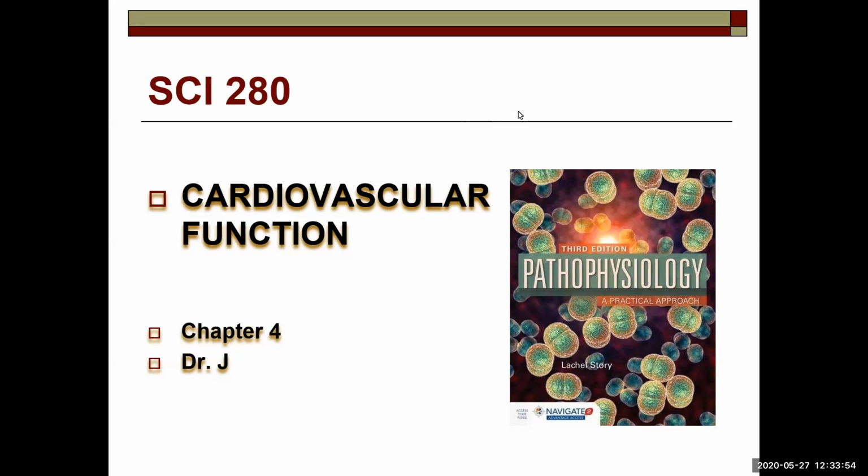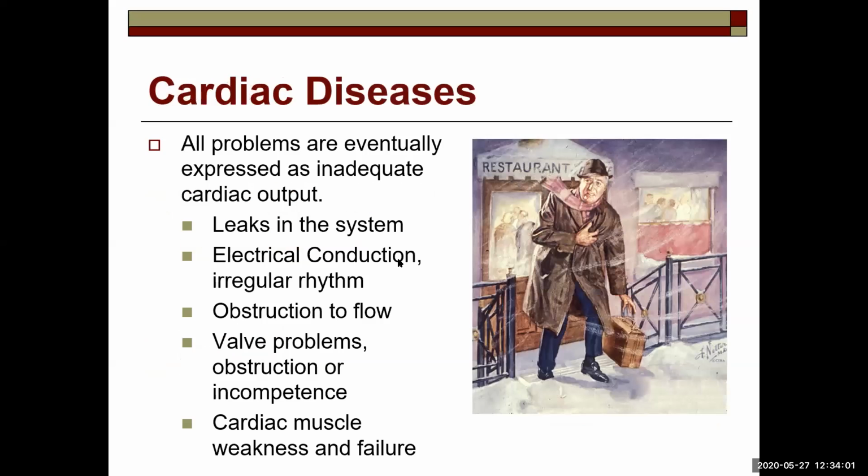functions. So now we move into the heart and the blood vessels disorders. When we talk about the pathophysiology of the different heart abnormalities, most likely we are dealing with inadequate cardiac output, the amount of blood that comes out of the heart.